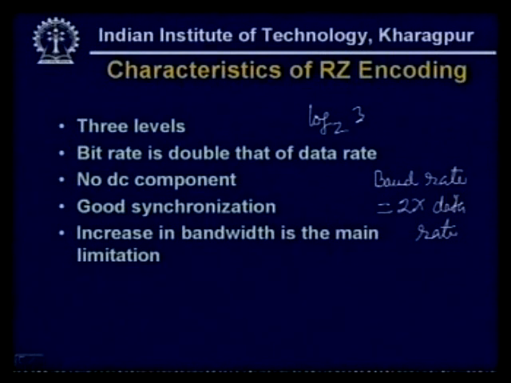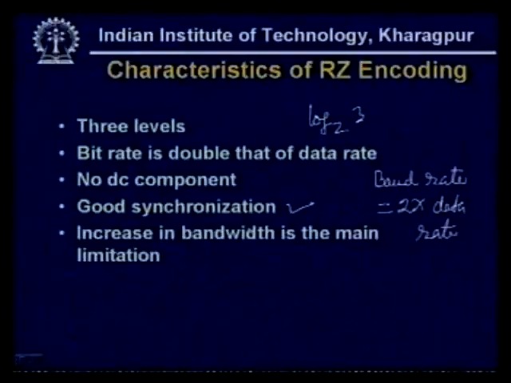The signal requires higher bandwidth than the data rate. However, it provides you good synchronization as you have seen, and the increase in bandwidth is the main limitation and concern. Because of this, the signal has got double the bandwidth of the data rate. Baud rate is data rate multiplied by 2, and as a consequence RZ encoding is good from the viewpoint of synchronization, but it is bad from the viewpoint of the bandwidth requirement.